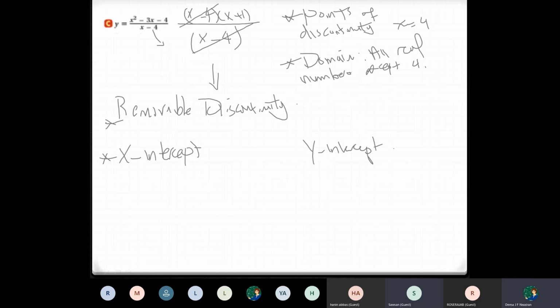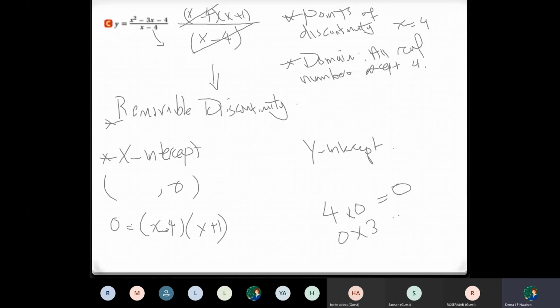The x-intercept means y is 0. Go back. 0 equals x minus 4 times x plus 1. Now, when you have two factors that are multiplied and they are equal to 0, that means that one of them will be 0. How? If you have 4 multiplied by 0, it's equal to what? 0.